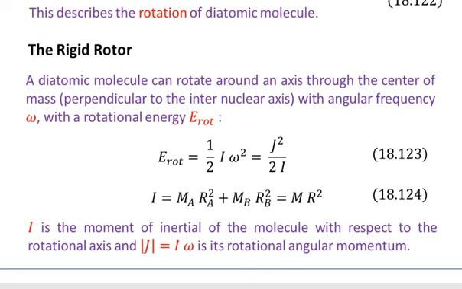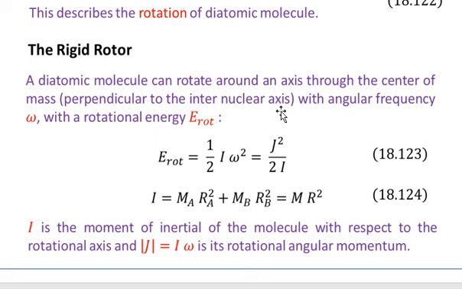The rigid rotor. A diatomic molecule can rotate around any axis through the center of mass, perpendicular to the internuclear axis. You see that when you join the two nuclei, you have the internuclear axis, and there is a center which is called the center of mass, and through that center of mass you have an axis which is perpendicular to the nuclear axis.